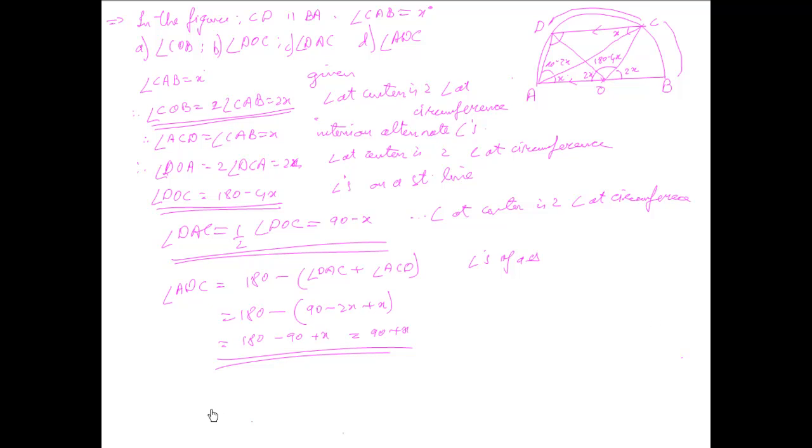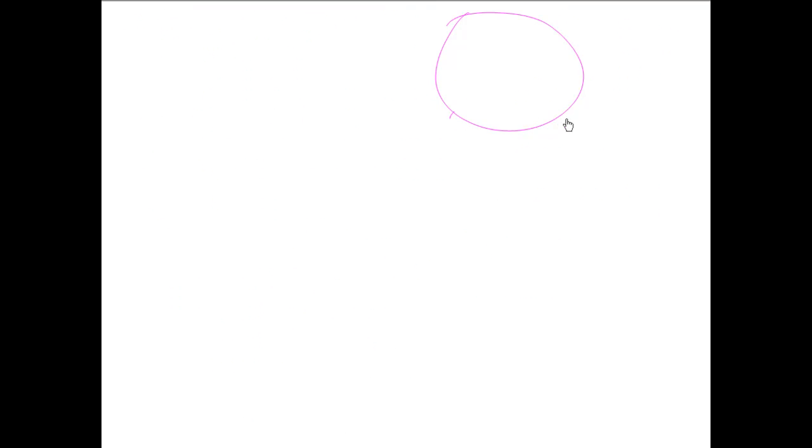In case of arc properties, children, the theorem states if arcs in two circles are equal, the angles made by them at the center are equal. If this arc is equal to this arc in length, then the angles made by them at the center are equal. So this angle is equal to this angle.